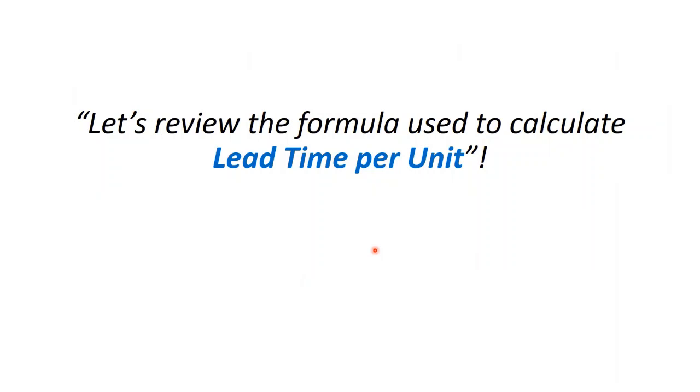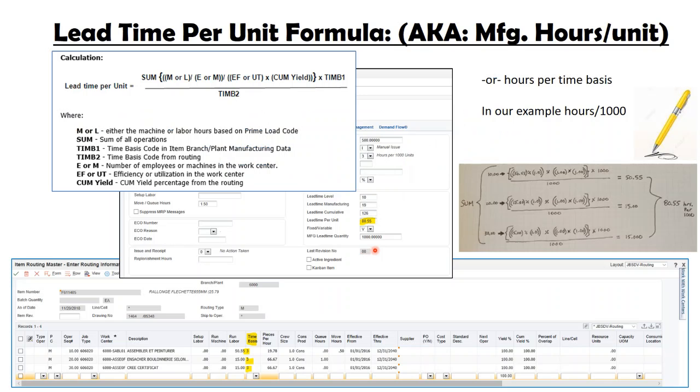Let's review the formula used to calculate the lead time per unit. Now that we've looked at the work centers, let's look at the formula. Here it is. First, it's a sum of all the routing operations.